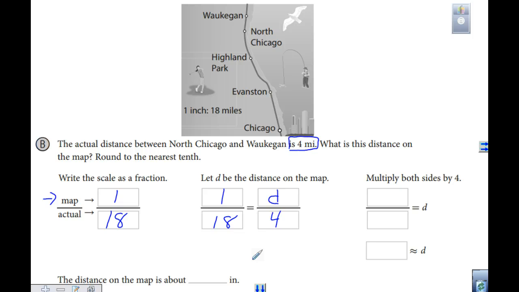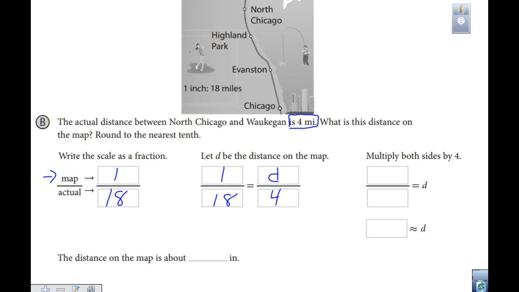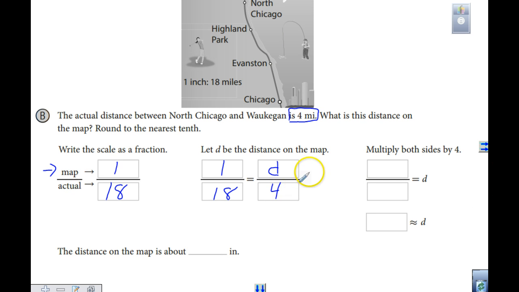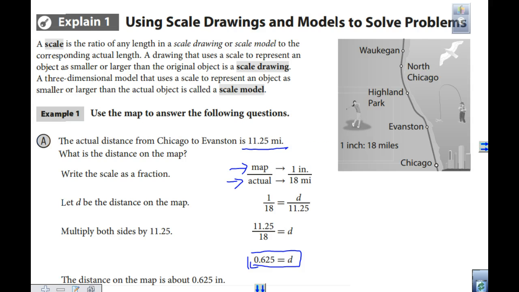We'll put the unit there. So the last time we had to multiply by 11.25 on both sides. So basically the number underneath the variable is what we're multiplying by.